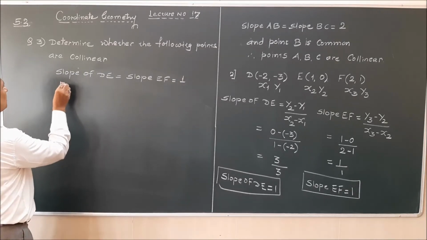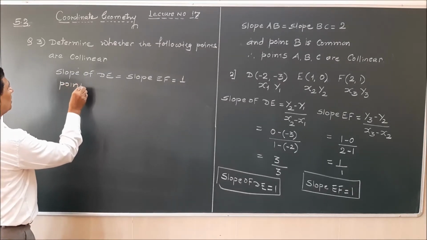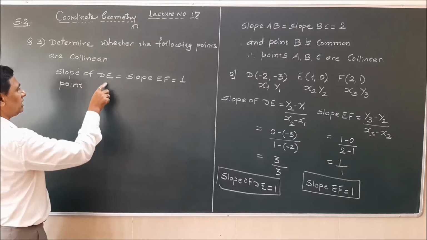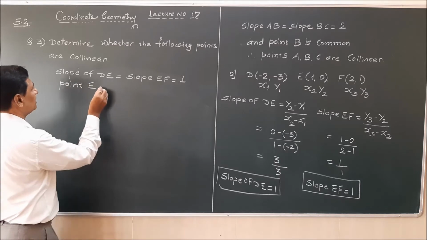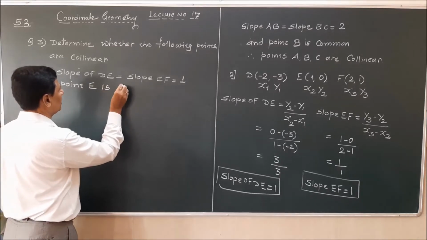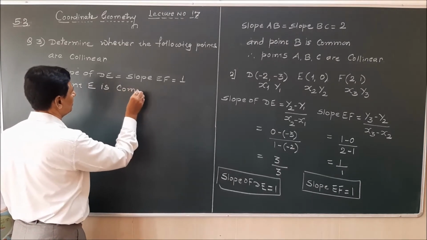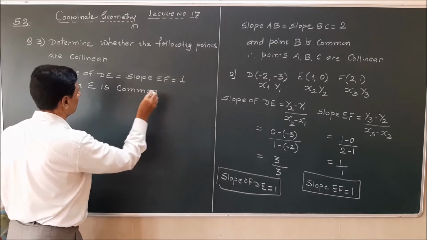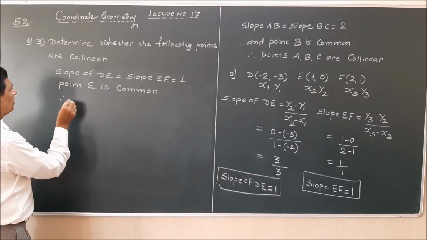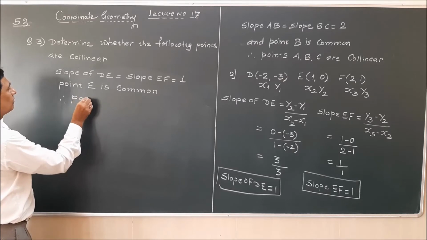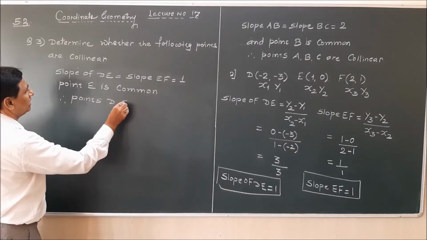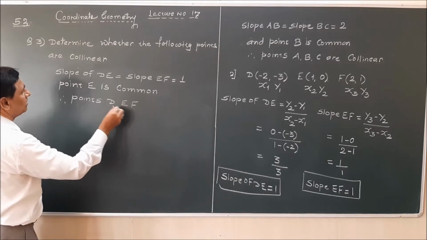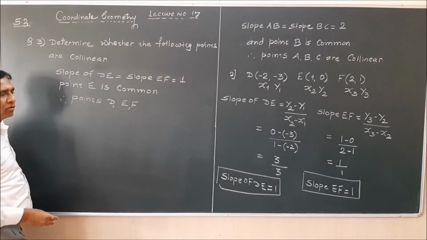Which point is common? E. Point E is common. Therefore, points D, E, F are collinear.